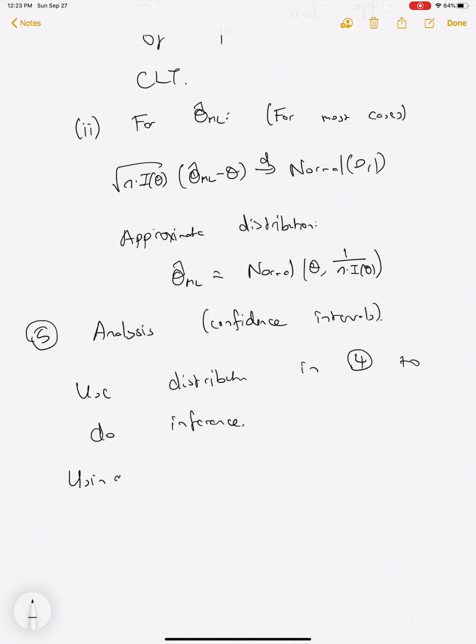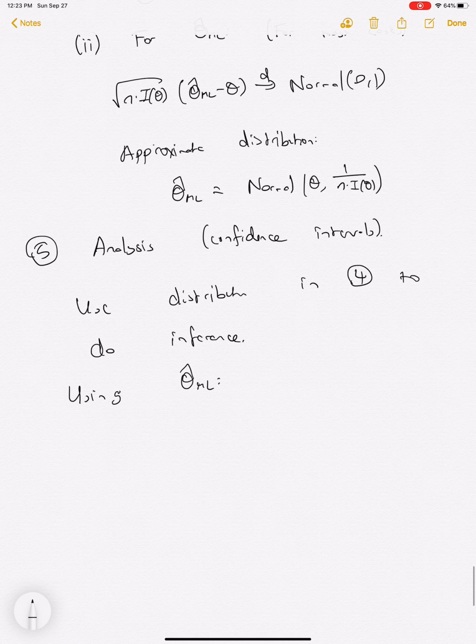Using ML, we came up with this pretty good general result: we could find any confidence intervals, or any symmetric confidence intervals, for theta.